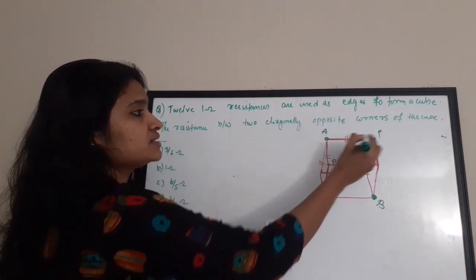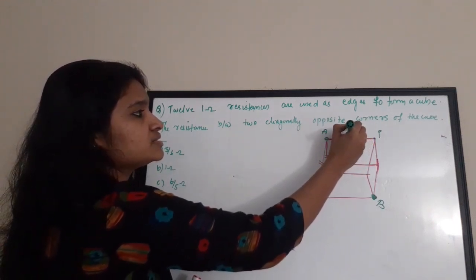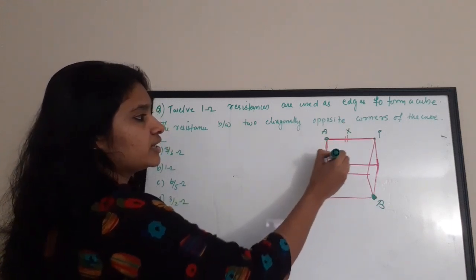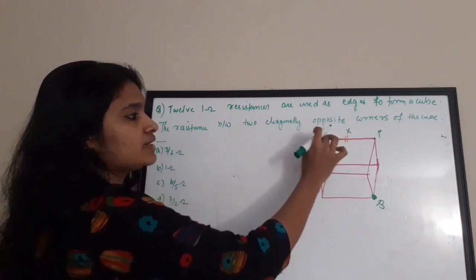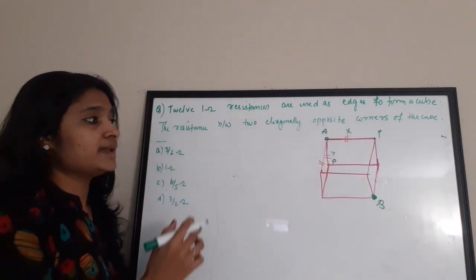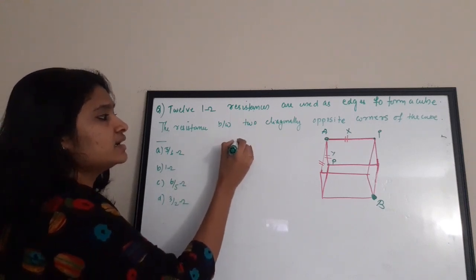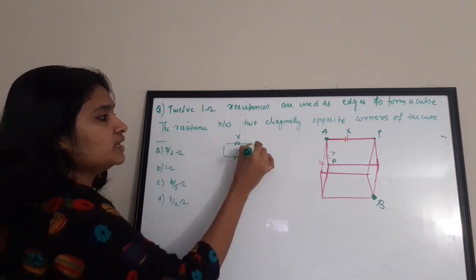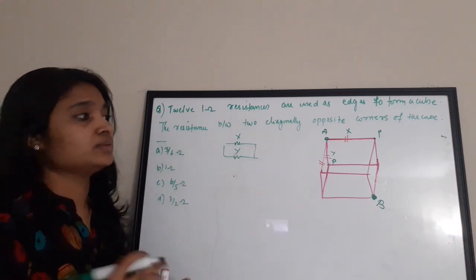If you take this resistor, I'm going to call it X and this one Y. So these X and Y resistors are connected to the same potential points, and hence we can consider X and Y to be in parallel connection.